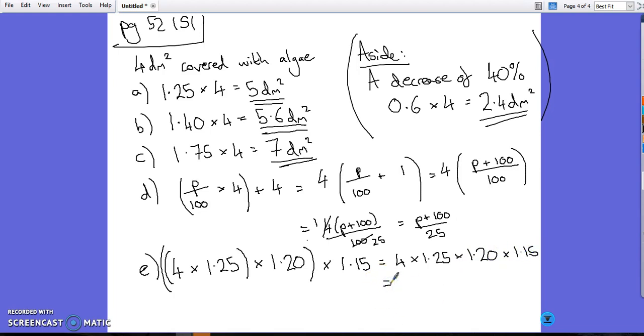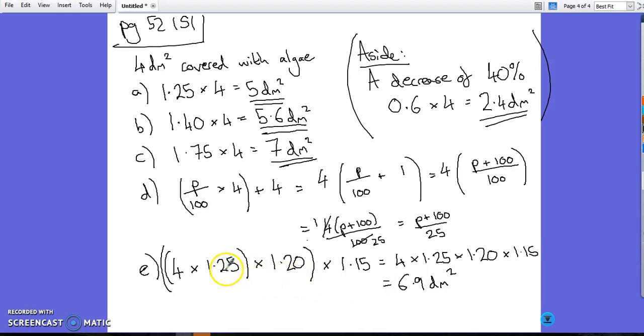And at the end, when I put that into my calculator, I get 6.9 square decimeters.